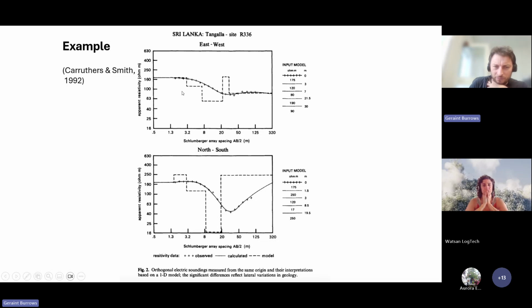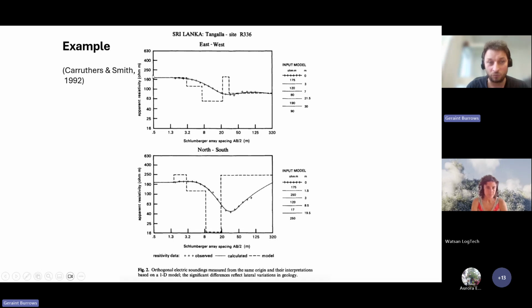This is the same point for a vertical electrical sounding, but they've done the sounding from east to west across that point, and then done the same sounding at the same location, but expanding their electrodes out north to south.